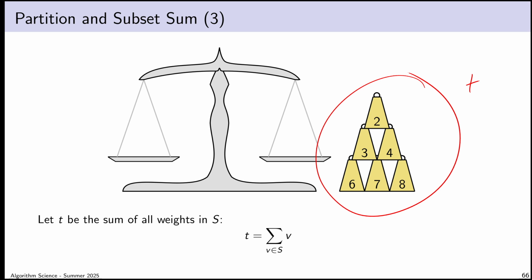And what I observe is that if we have a way of finding a valid partition, really what we're doing is putting exactly half of the weight on each side of the scale. Because if the scale is balanced, the same amount of weight is on both sides. And the only way that would work if I have a collection that adds up to t is if each side contains exactly t over 2 units of weight.